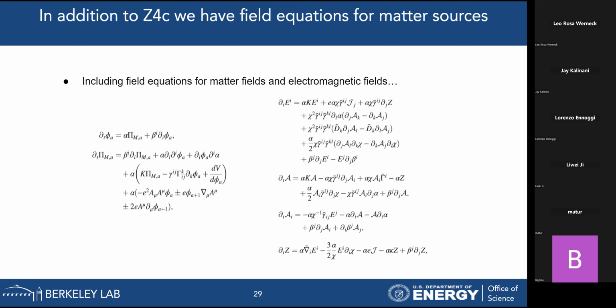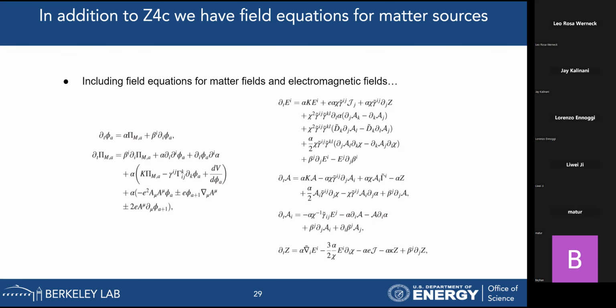In addition to our evolution equations, we now have evolution equations for phi, sigma, their conjugate momenta, and the electromagnetic field. So again, this is another complicated system that indexing and expanding in actual compilable code would be an absolute nightmare. And so we want our code generator to be able to take these expressions and produce compilable expressions for us.